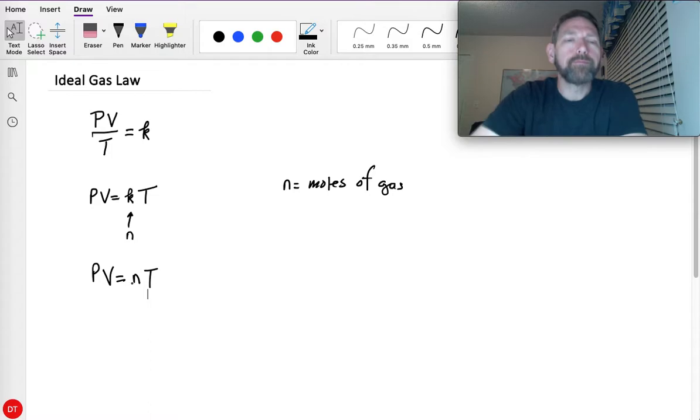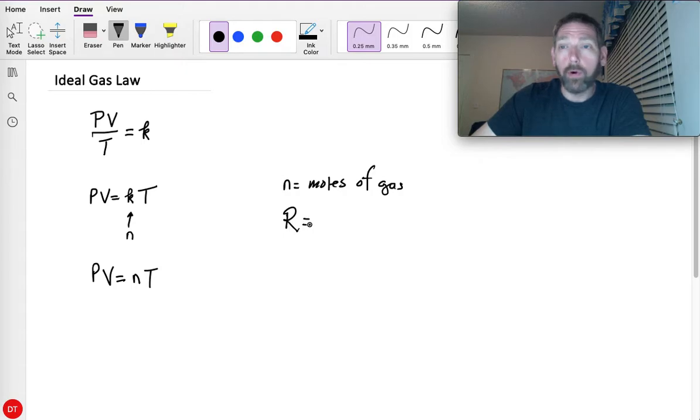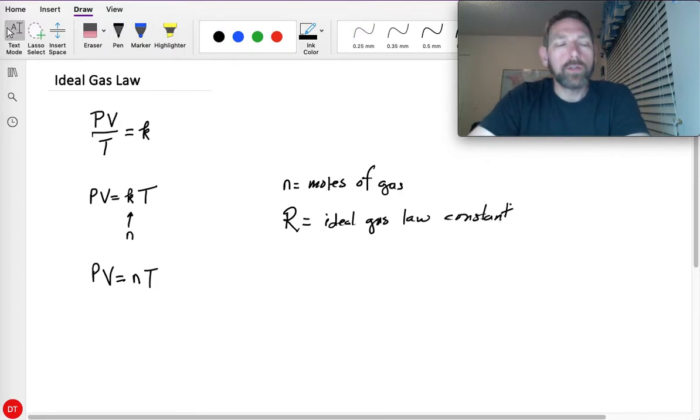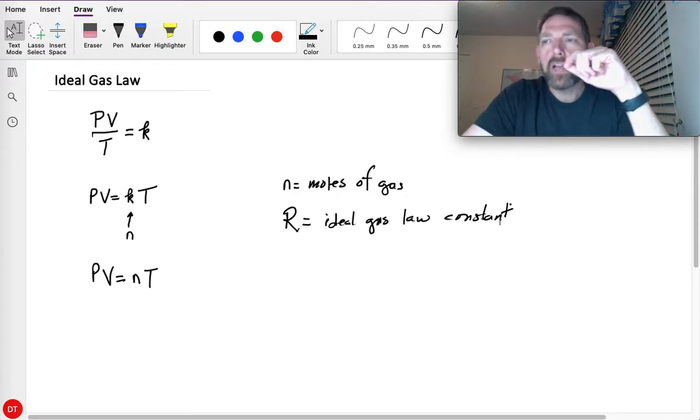We're almost there. So now we've accounted for the moles of gas. But there's another constant here, and the constant is something that we call R, a capital R. And this R is the ideal gas law constant. And what we've found is that constants in math are like a fudge factor.